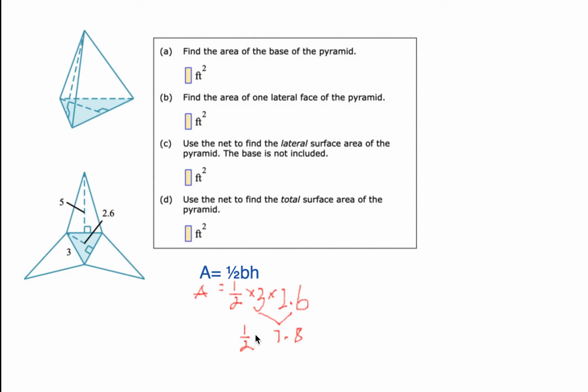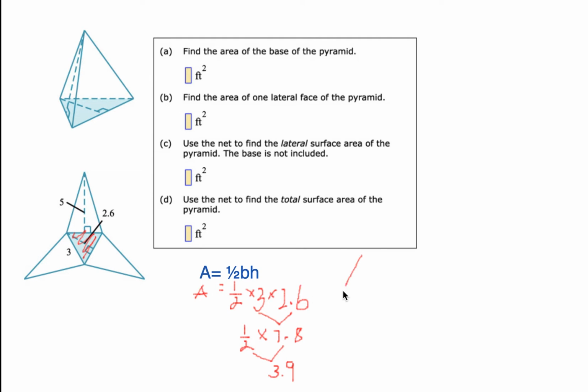Half of 7.8 is 3.9. Okay, this is in feet, so it's square feet. I'm not going to label it till the very end. Well, I just found out what this is. It's 3.9. All I need to do now is find out one of these triangles, because if I find out one of the triangles, then I know that every other one is the exact same area.